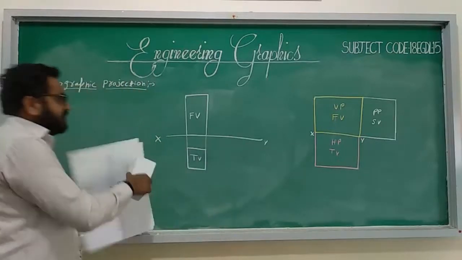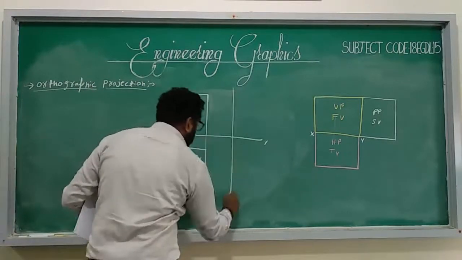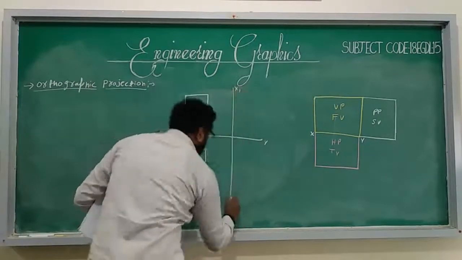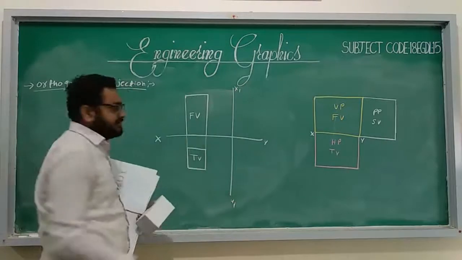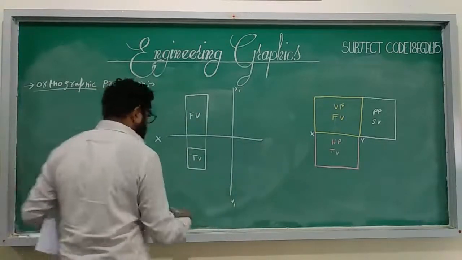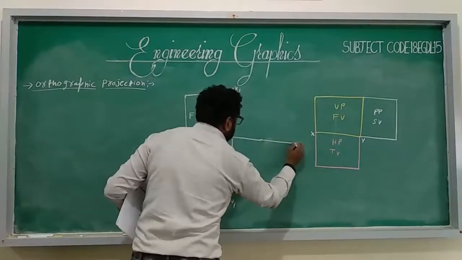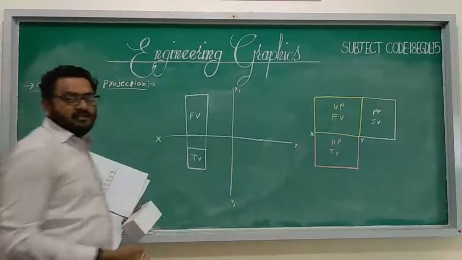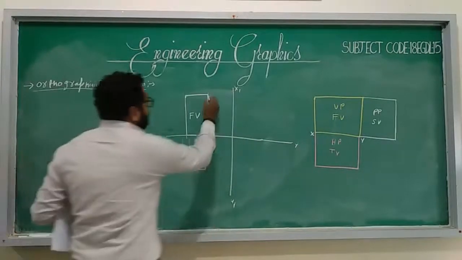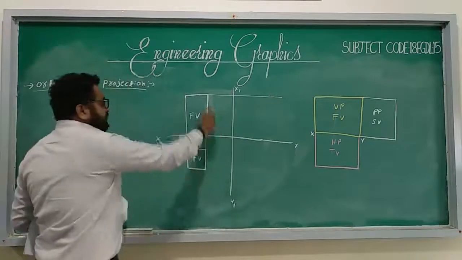To get the side view, we need to draw one more line, that is x1, y1. And then we need to draw the side view with the help of the front view as well as the top view.